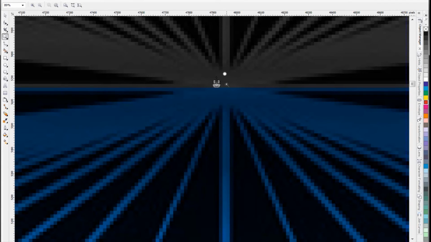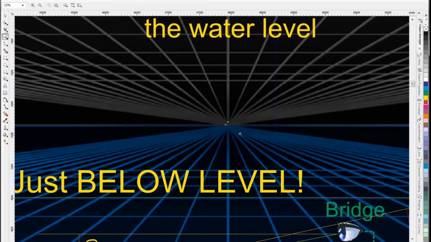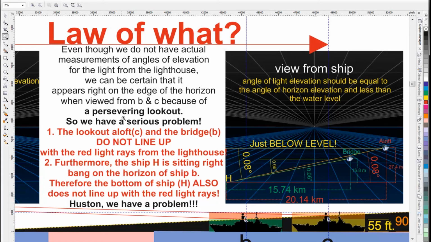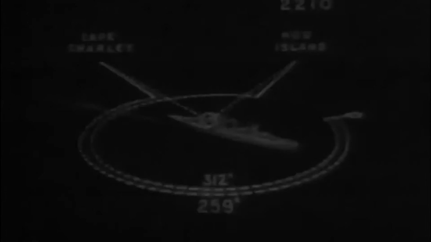Even though we don't have data as far as the elevation angle of the light as viewed from B and C, we can be sure that it appears right on the edge of the horizon, not up there, because, as the video stated, they had a persevering lookout. Note that Hog Island light was sighted by a persevering lookout using binoculars.